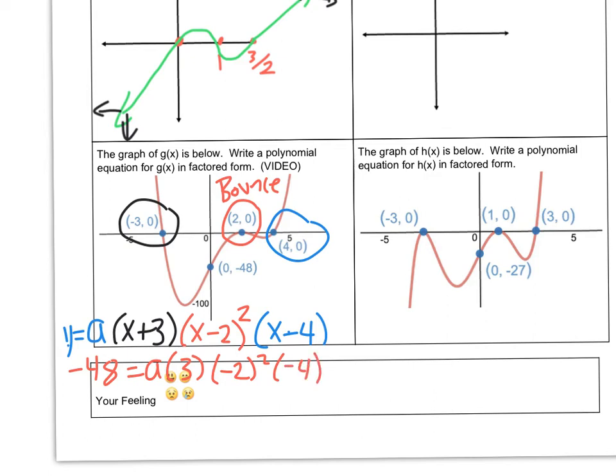And when I do that, I get a times 3 times 4 is 12, times negative 4 is negative 48. And if a times negative 48 is equal to negative 48, that means that a is equal to 1. So we have a 1 in front of this. At that point, your problem is done.